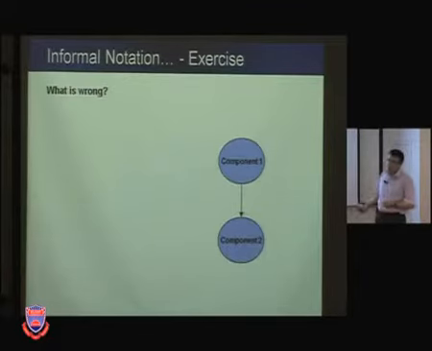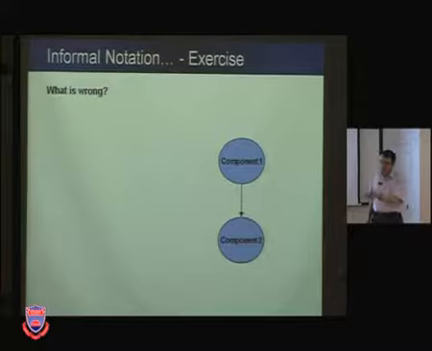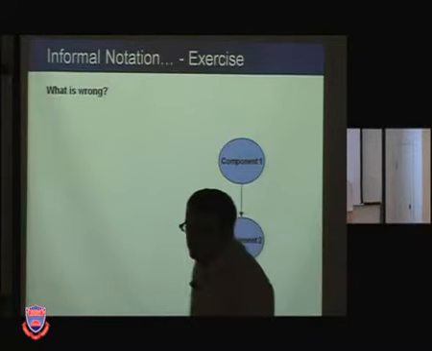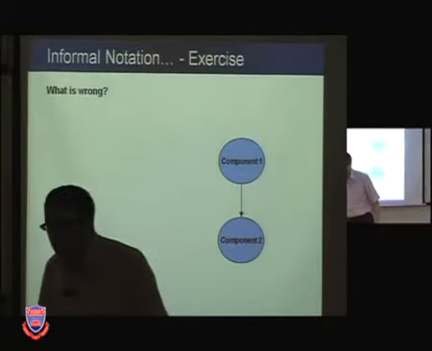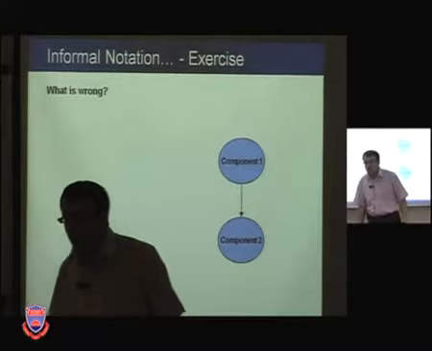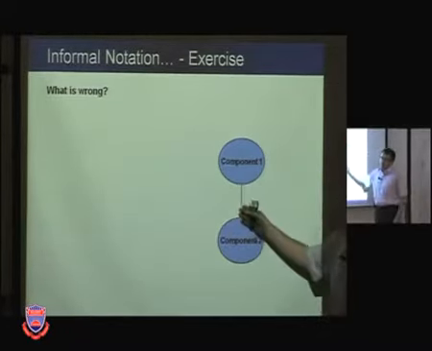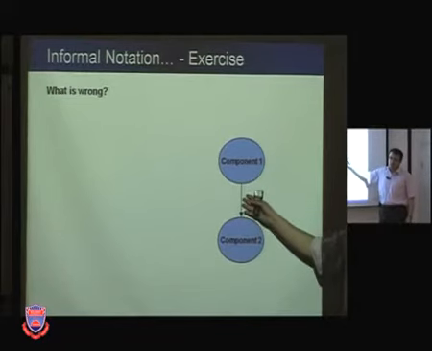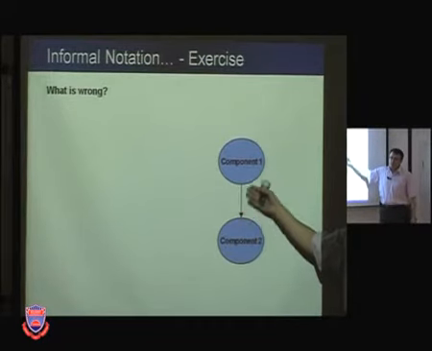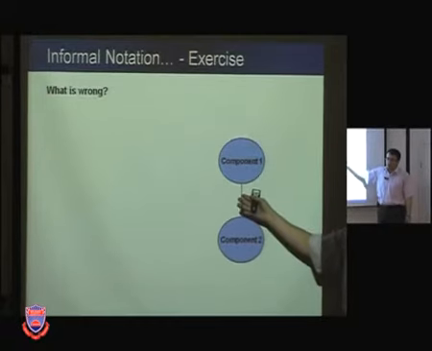Okay, if you look at this more concretely, if you look at this figure, what would you say? The relation between components is missing. We don't know what kind of relation. There's a relation here, informal, but what is the relation? So what kind of relation could this be?